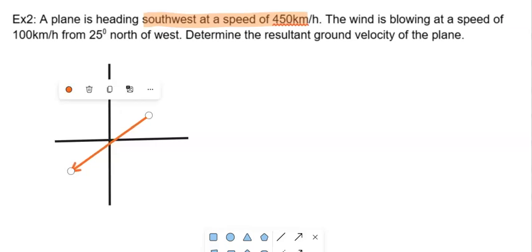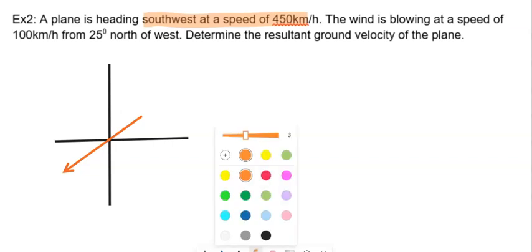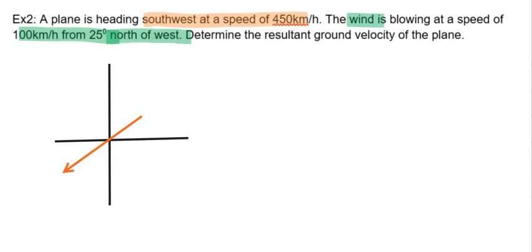It's about 45 degrees. Okay, my next vector is this wind that's blowing at 100 kilometers an hour from 25 degrees north of west. So I'm going to get another vector arrow, and I'm going to make it green to match.